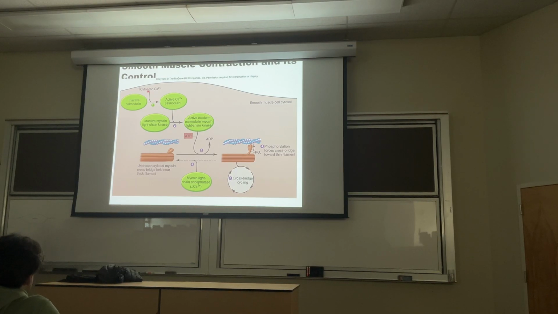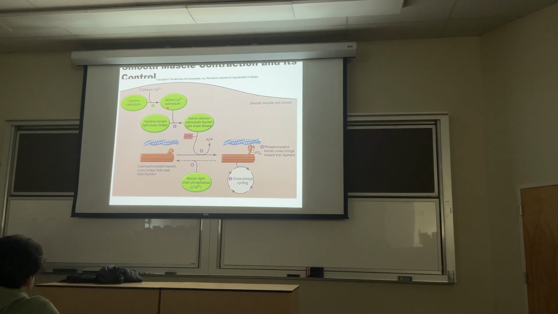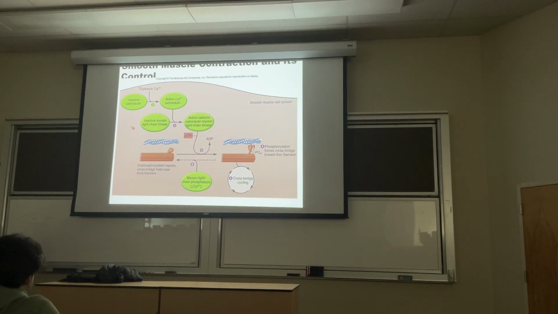If you increase cytosolic calcium, it will bind to calmodulin and activate it, and that will activate inactive myosin light chain kinase, that's an enzyme, as the ASE alerts us. So it takes inactive myosin light chain kinase and activates it.